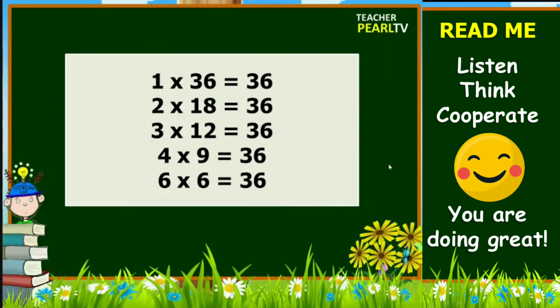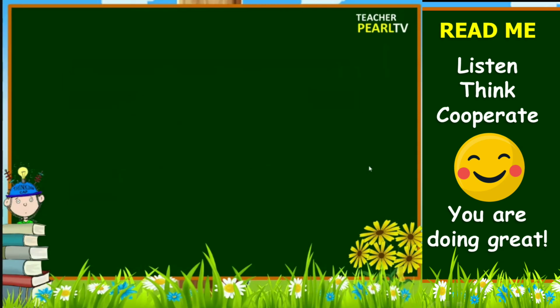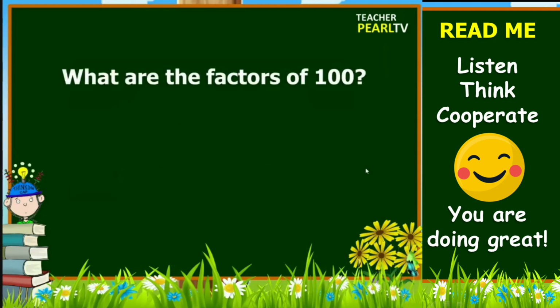Let's count how many factors are there. 1, 2, 3, 4, 5, 6, 7, 8, and 9. So, the answer is 9 factors.